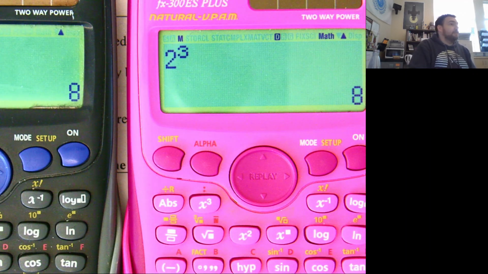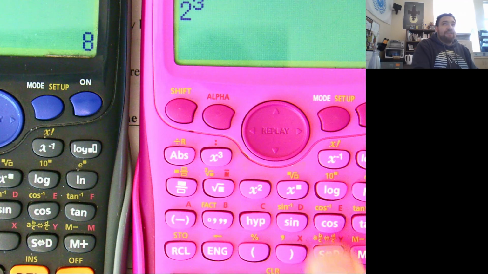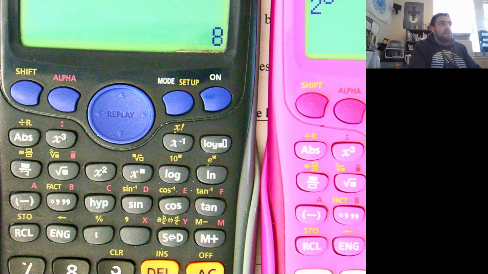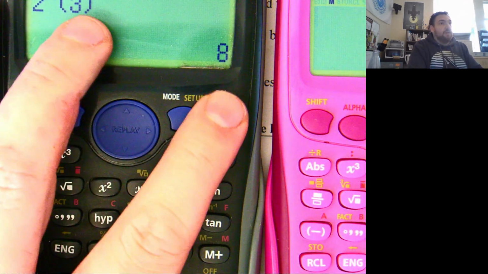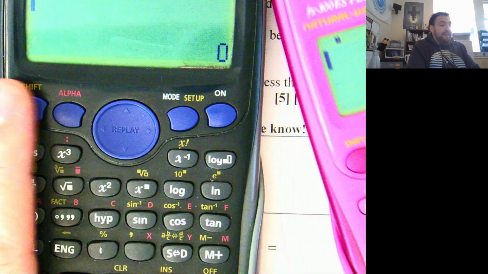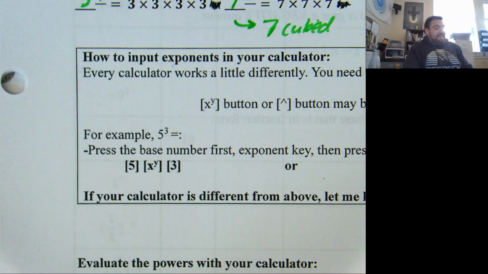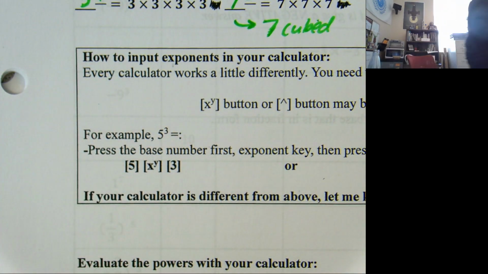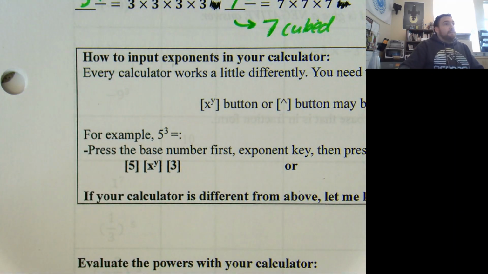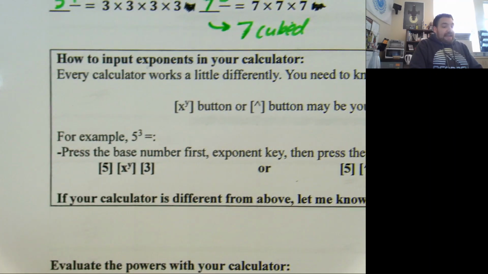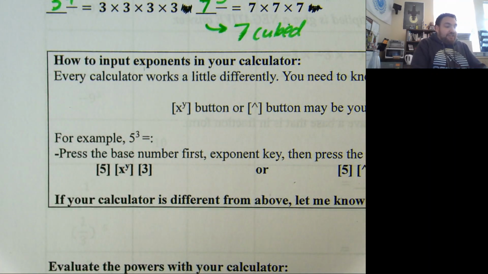Gershon, you had a question? I have a Casio calculator, but I don't have that button. You don't have either of these buttons, the box button? No, we have different ones. Okay, then the one that actually has this symbol here.